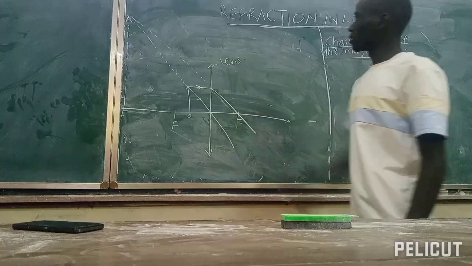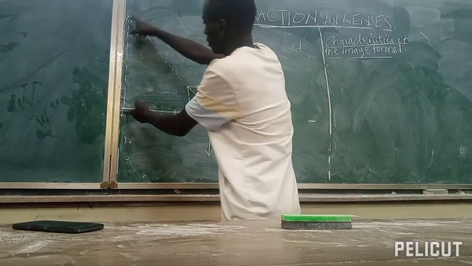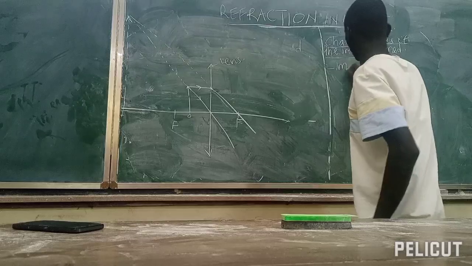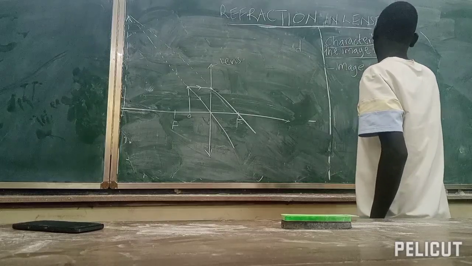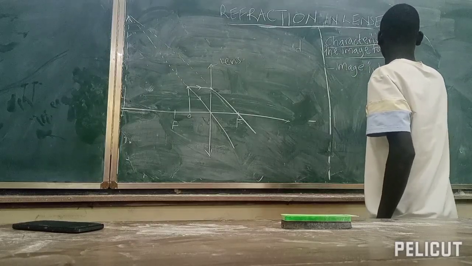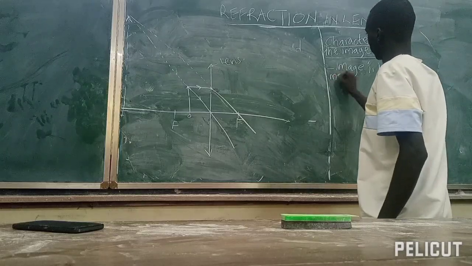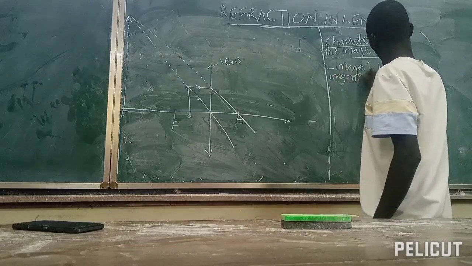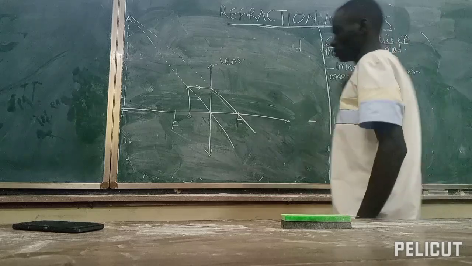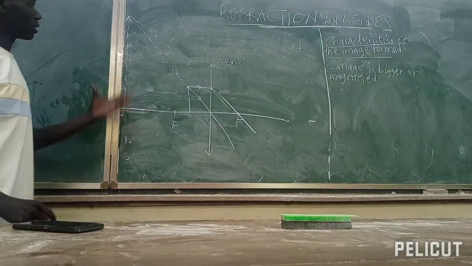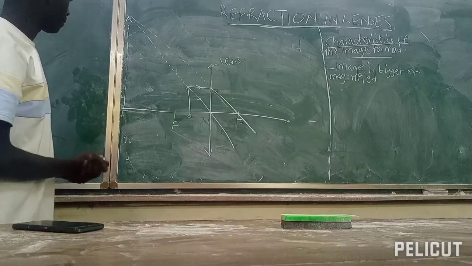As we see, the image will be forming big. So the image is bigger, you can say magnified. The image from here is very big, or you can say it's magnified.